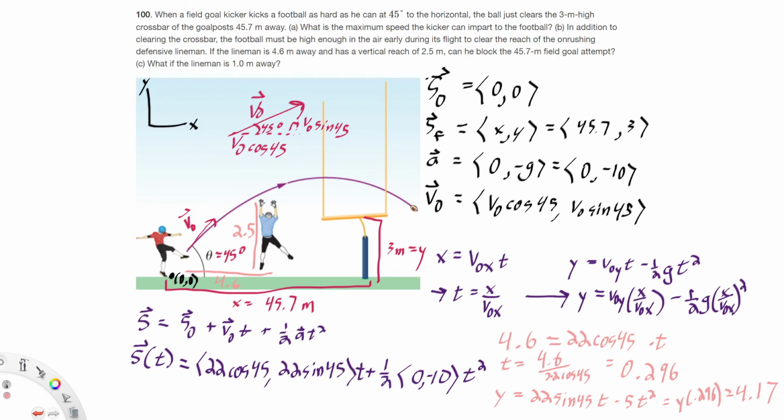Or did we do that already to see if he can catch? Sort of. If the ball had been 2.5 meters or less high, then the defender could have reasonably blocked it. So if we wanted to say how far over the defender's fingertips the ball will sail, then yeah, 4.17 minus 2.5 would give us that.